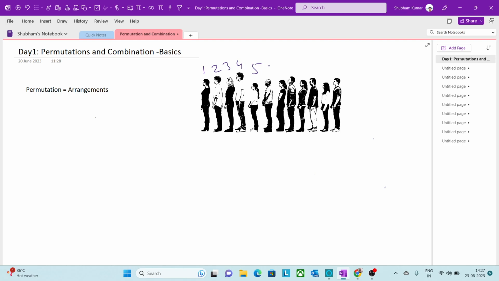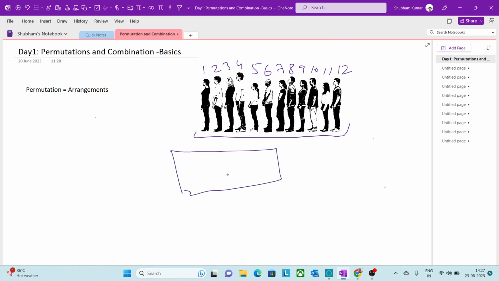Suppose 1, 2, 3, 4, 5, 6, 7, 10, 11, 12. So these are 12 girls and boys. First and foremost, we are willing to make them sit in a bus which is a 12 seater.